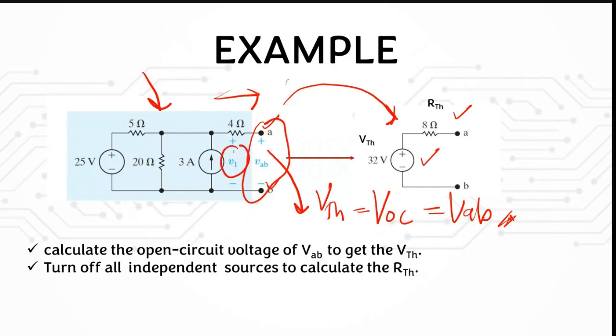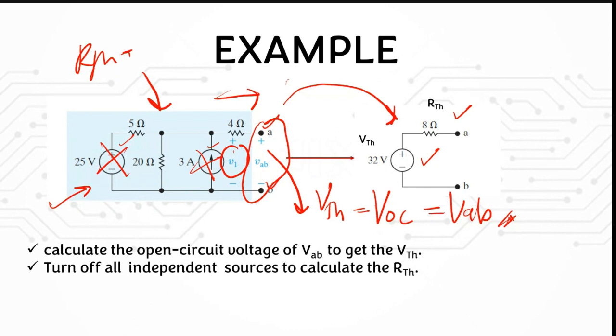Then you can calculate VAB from that. Next, to calculate your RTH, you can see that you have this independent source, so you can just turn it off and then calculate the resistance.